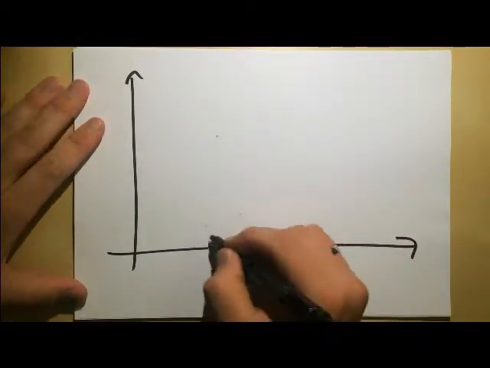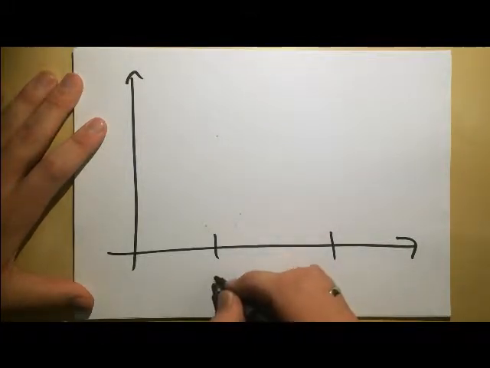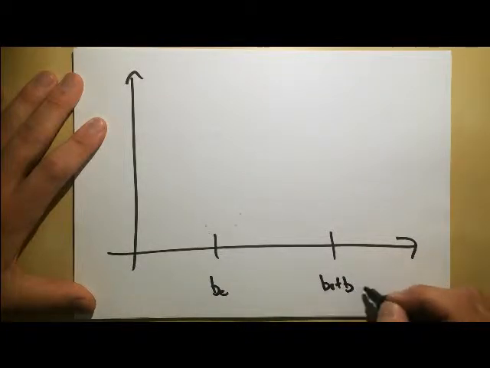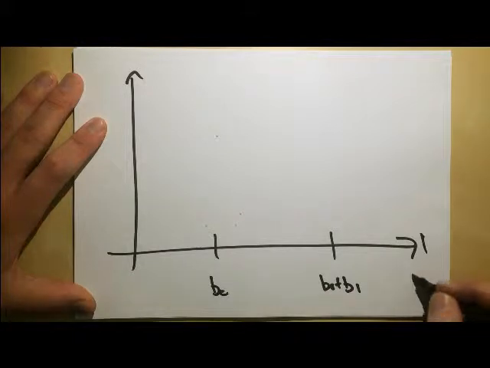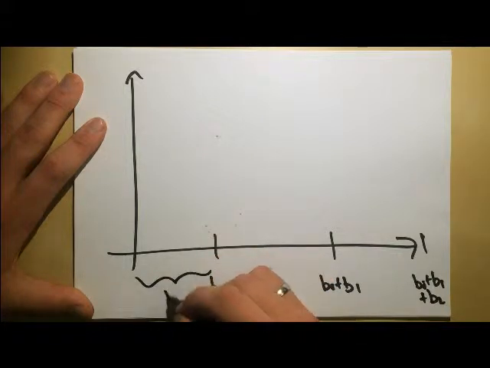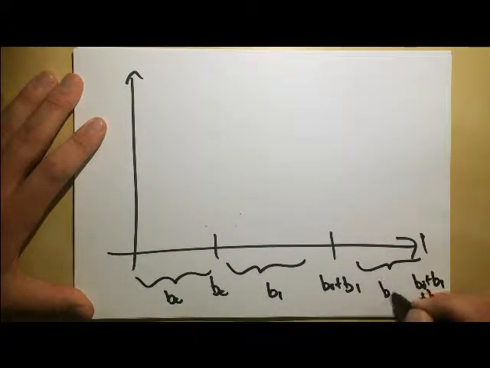Maybe we have 3 breakpoints here. This is the point B0. This is B0 plus B1. And then out here this is B0 plus B1 plus B2. So this has length B0, this has length B1, and this thing has length B2.